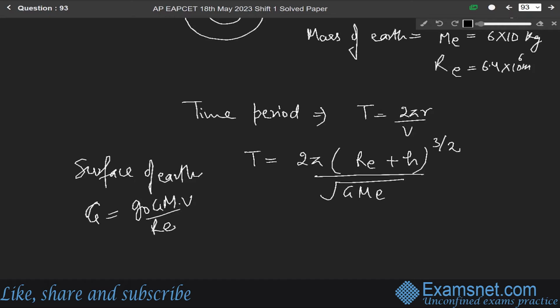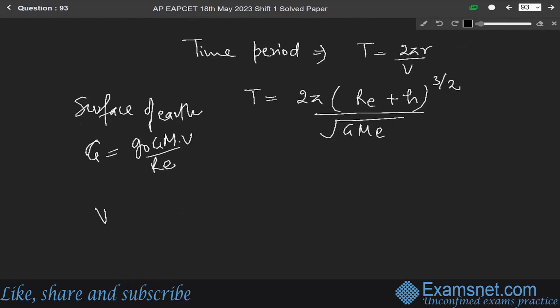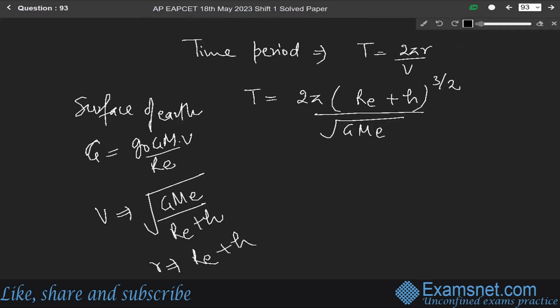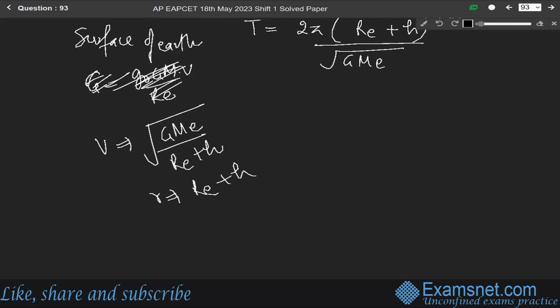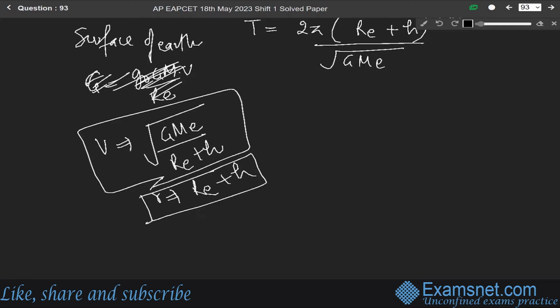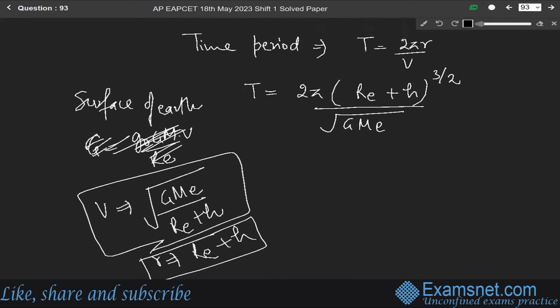Since we have used the formula, V equals under root of G ME over RE plus H, and this R is equal to RE plus H. We have used the formula velocity equals under root G ME over RE plus H, and R becomes the radius of Earth plus the height at which the satellite is moving in circular orbit.